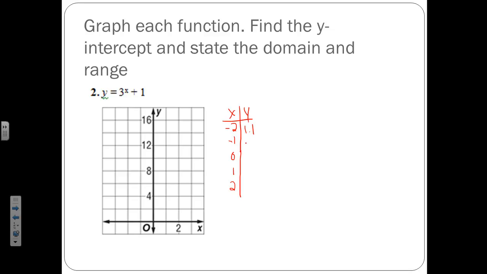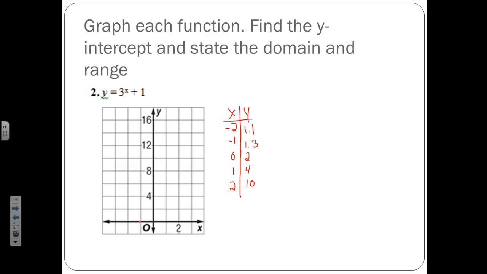When I plug -1 into the equation, I get 1.3. When I plug 0, I get 2, because 3 to the 0 power is 1 plus 1 equals 2. If I plug in x equals 1, I get 4. And then x equals 2, y equals 10.